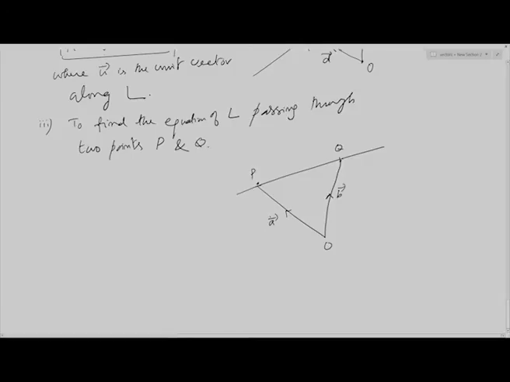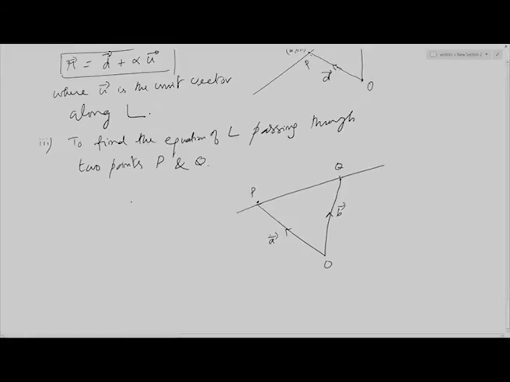Now, in the previous equation, the vector is simply r minus d. So this is equal to r minus d, which can be written as r minus d is equal to alpha times u.